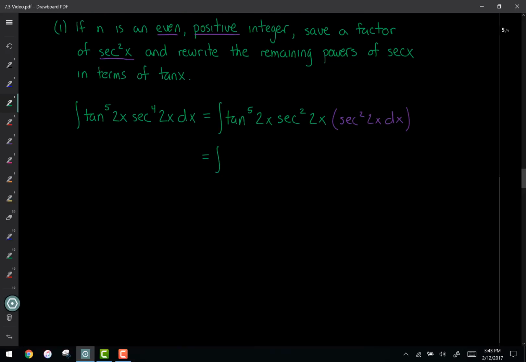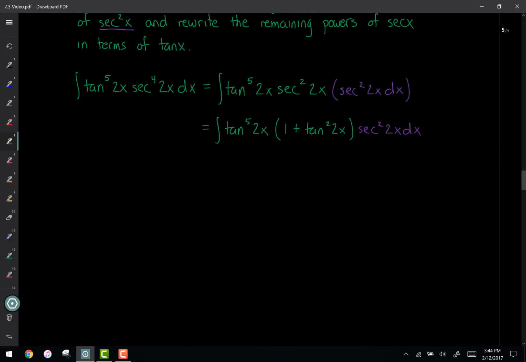So we're going to have the integral tangent to the fifth of 2x times 1 plus tangent squared 2x times the piece that we're saving. So secant squared 2x dx. And then like in the previous example, I'm going to distribute the tangent to the fifth 2x into this before we do the u sub.